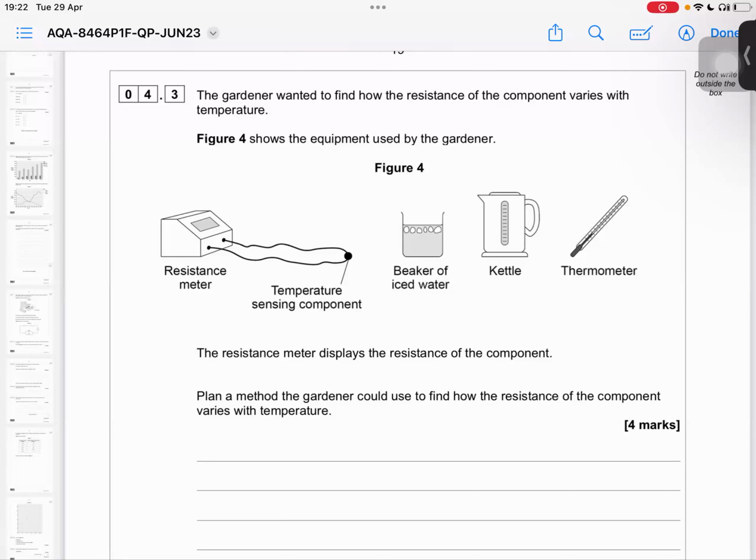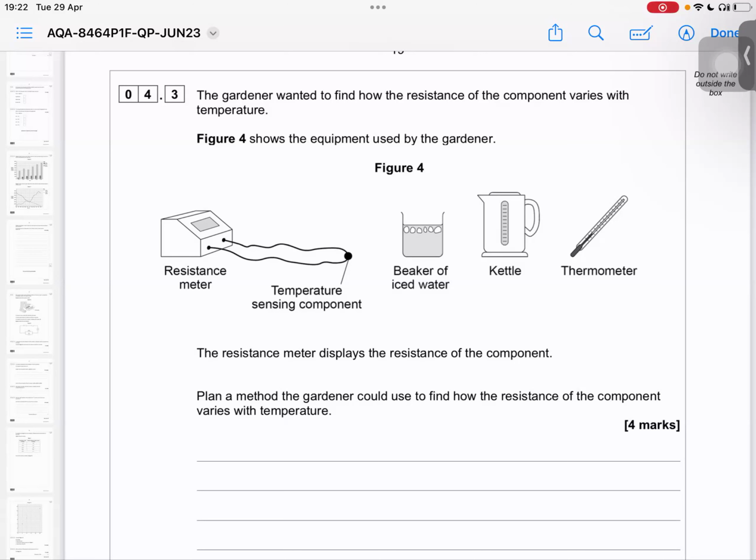Okay, so did you understand what I explained? How to do the experiment. Yes, a method to conduct the experiment using the things he has. He has a means to measure resistance. That's the resistance meter, and that resistance meter has a temperature sensing component at its end there.